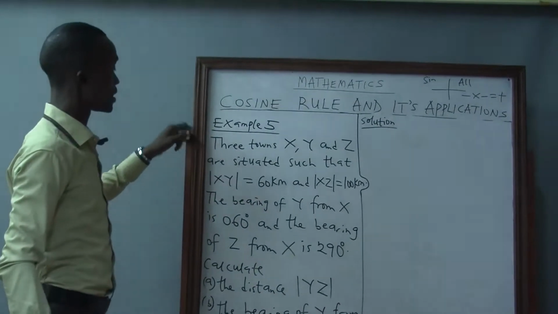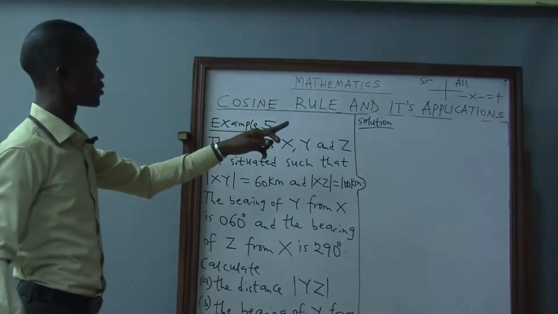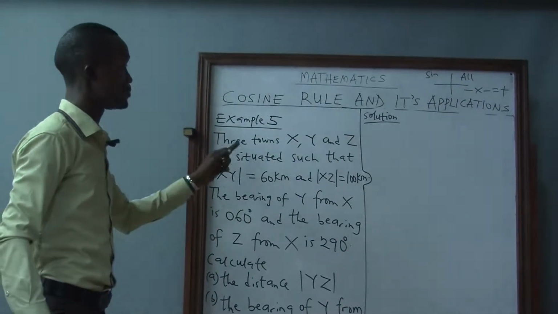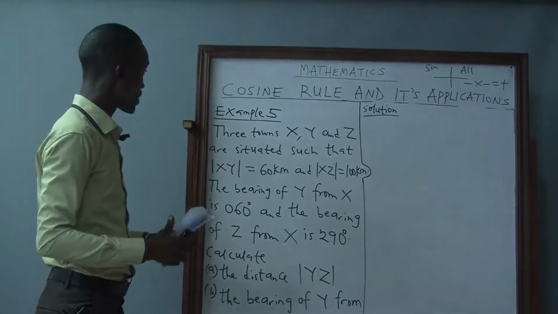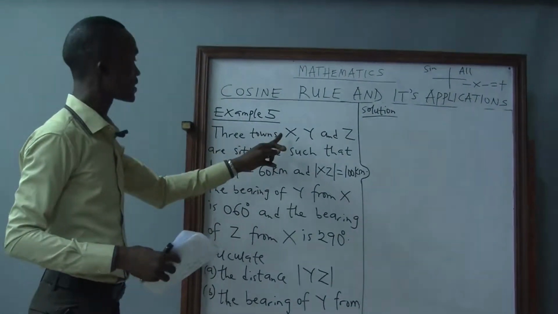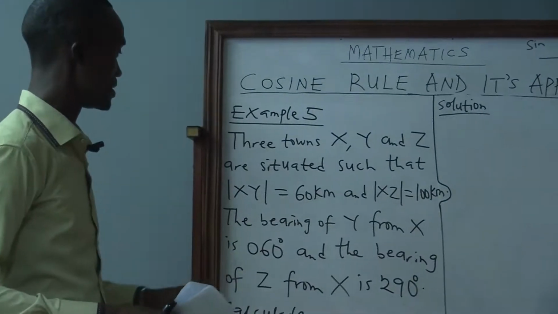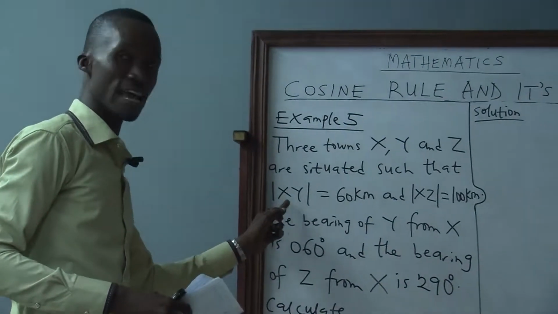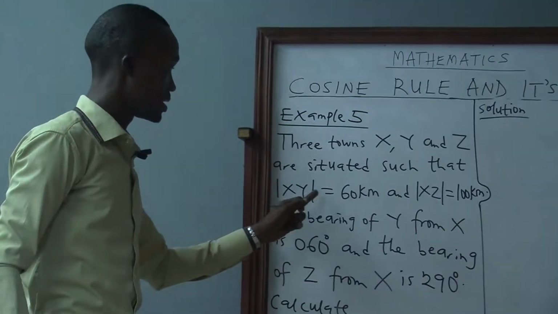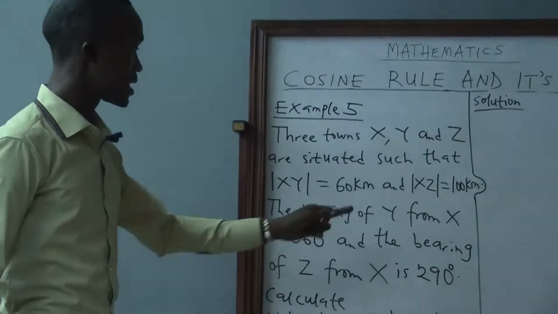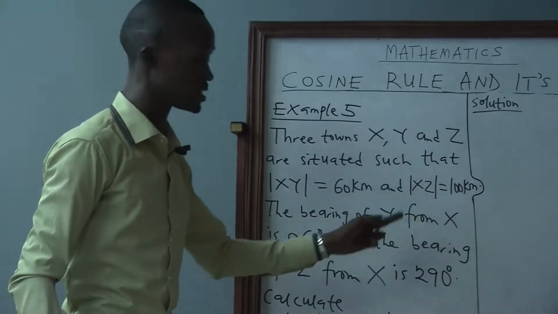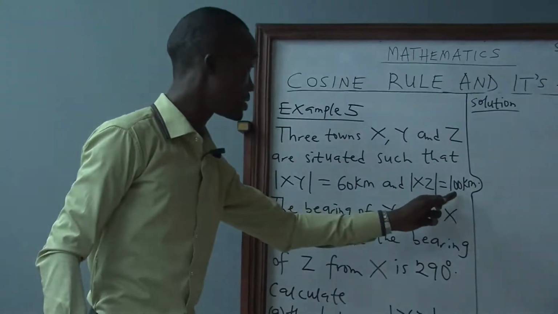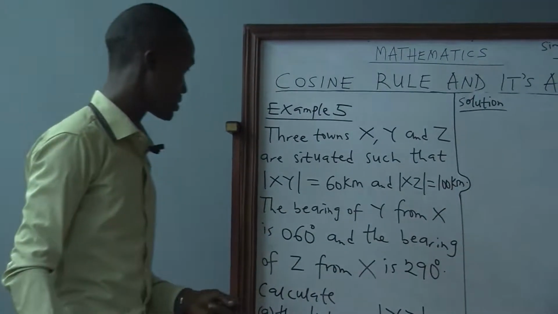Now we have another example on application of the cosine rule to bearing and distance. The question says three towns x, y, and z are situated such that the distance between x and y, that is xy, is 60 kilometers, and the distance between x and z, that is xz, is 100 kilometers.